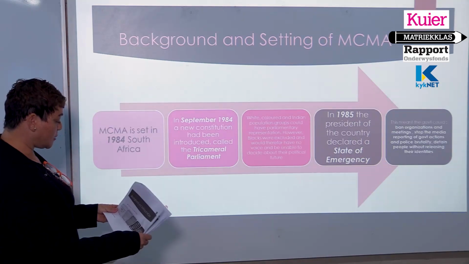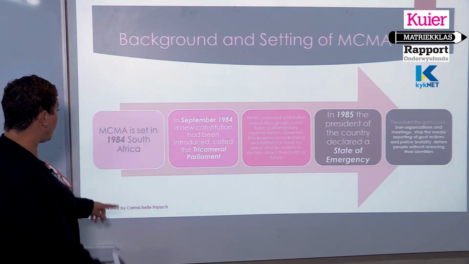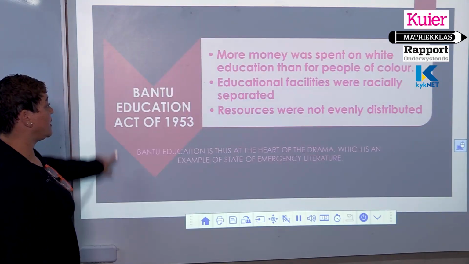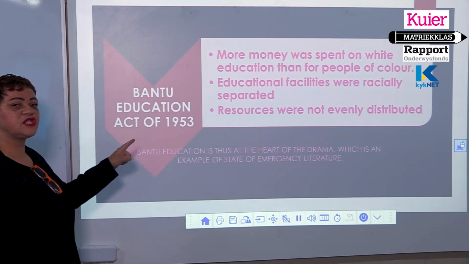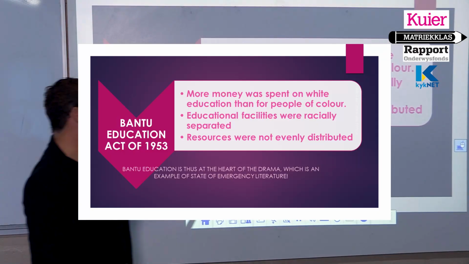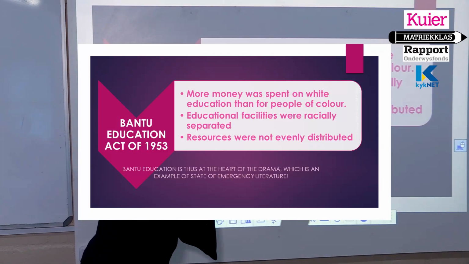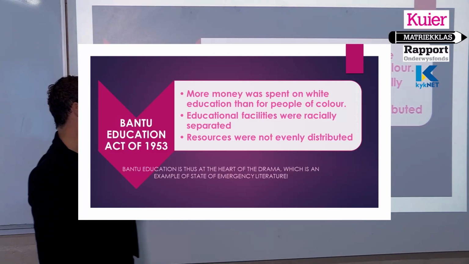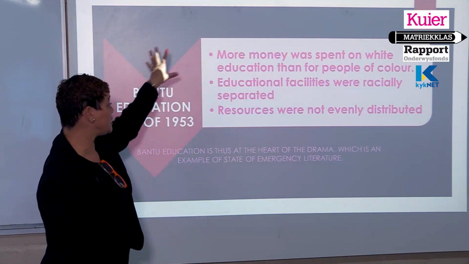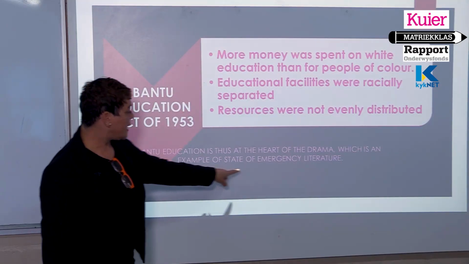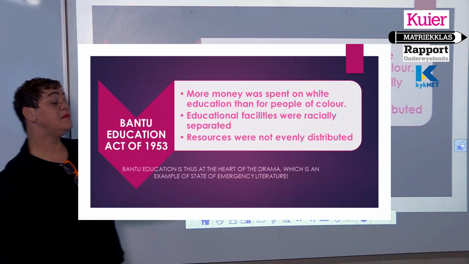Okay, so now, this slide is, for me, at the heart of this drama. Bantu education, I said here, is at the heart of the drama, which is an example of state of emergency literature. What does that mean? Before I explain to you Bantu education, I'll explain what the state of emergency literature is.